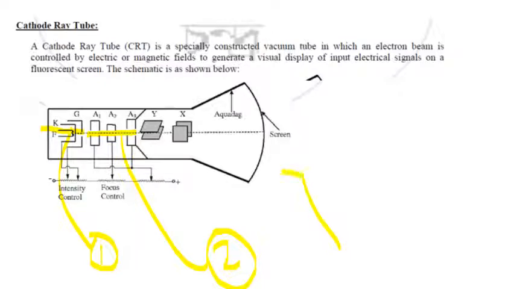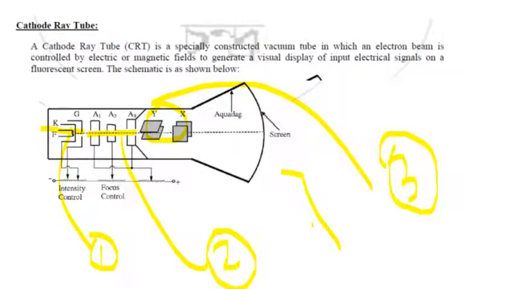These plates are used to generate the visual display. This may be electric, may be magnetic.